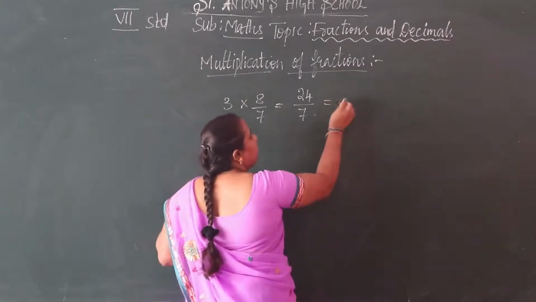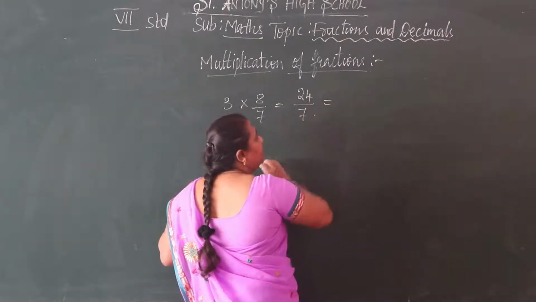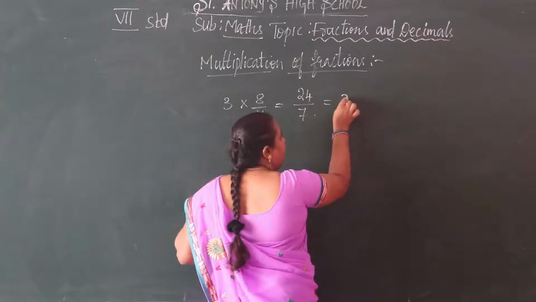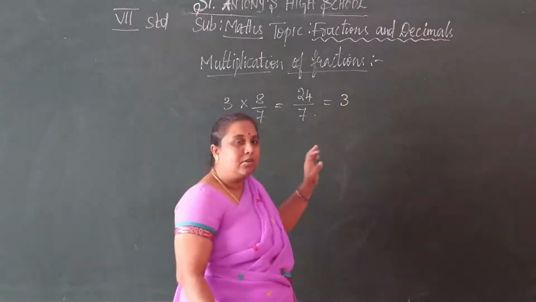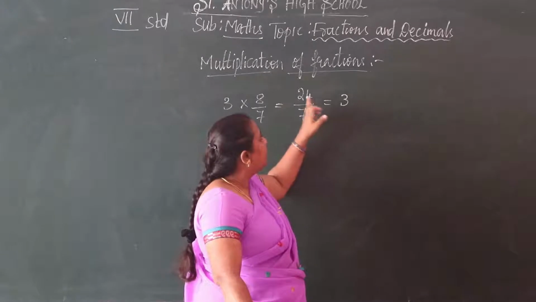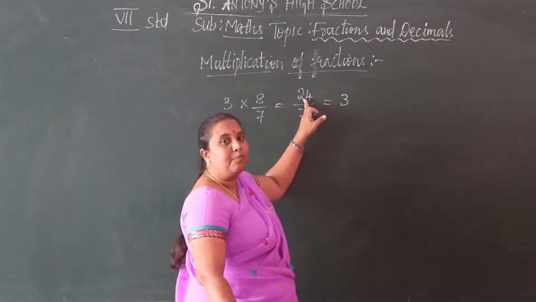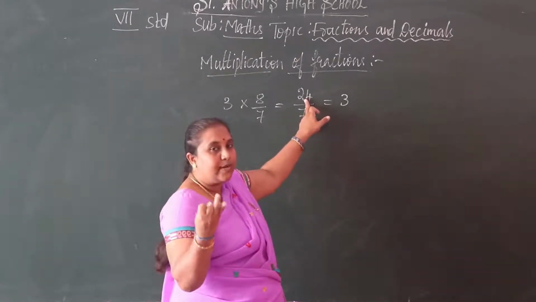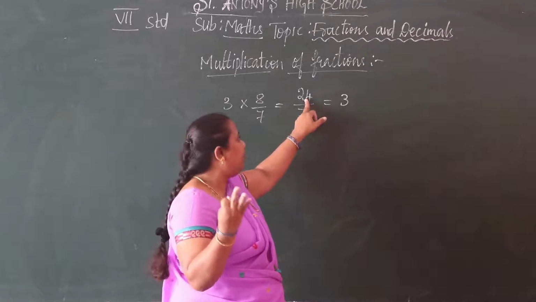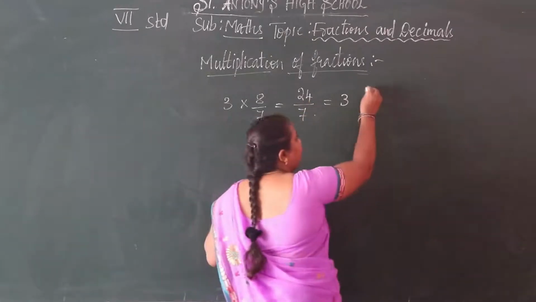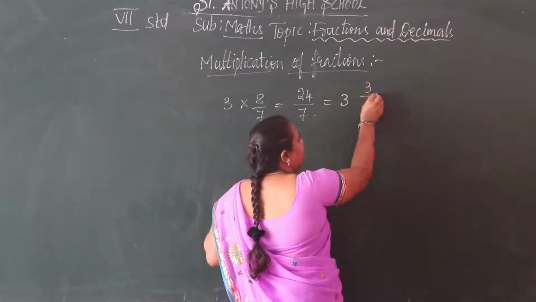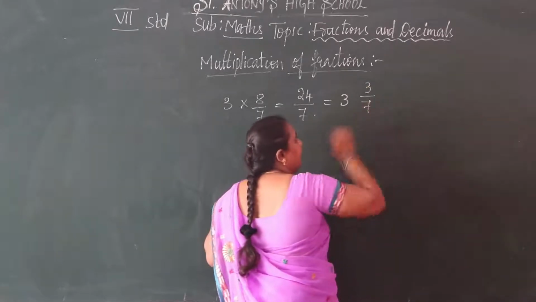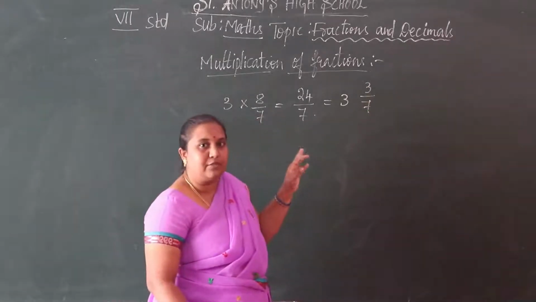So 7 3s are 21. Okay, 3 is the whole number here, so 7 3s are 21. The balance is 22, 23 and 24, so 3 is the balance there. So we write the numerator as 3 by denominator 7. Okay, this is a mixed fraction.